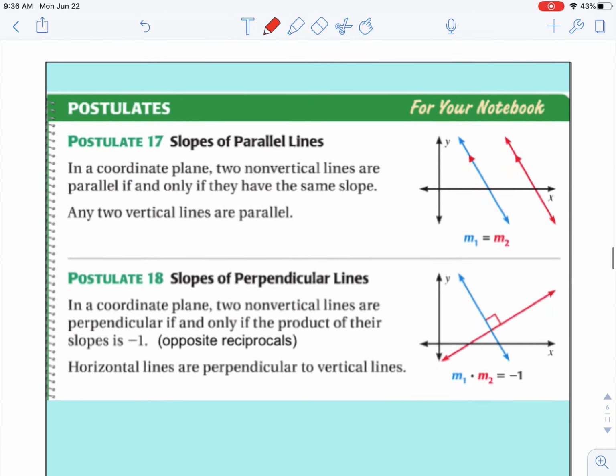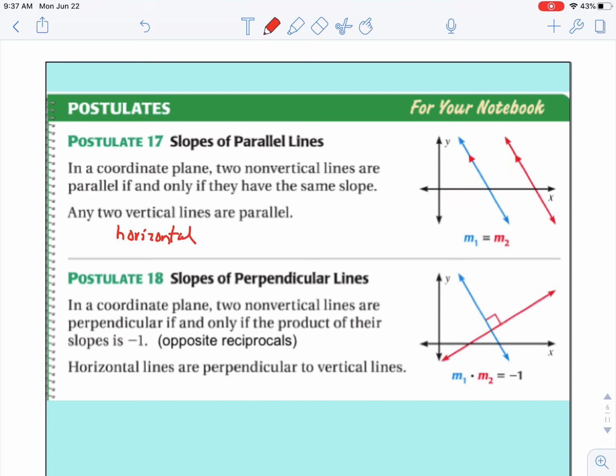All right, so what about parallel and perpendicular lines? There are two postulates related to this. Postulate 17: in a coordinate plane, two non-vertical lines are parallel if and only if they have the same slope. Any two vertical lines will be parallel, and any two horizontal lines will also be parallel.